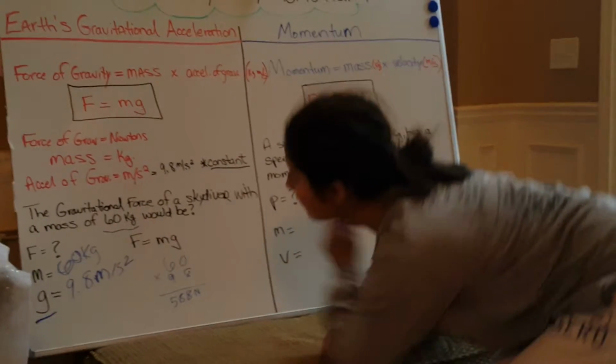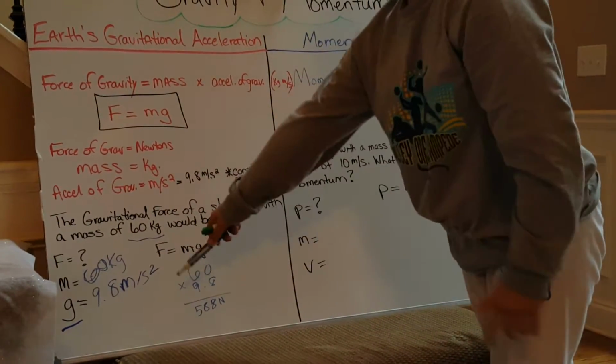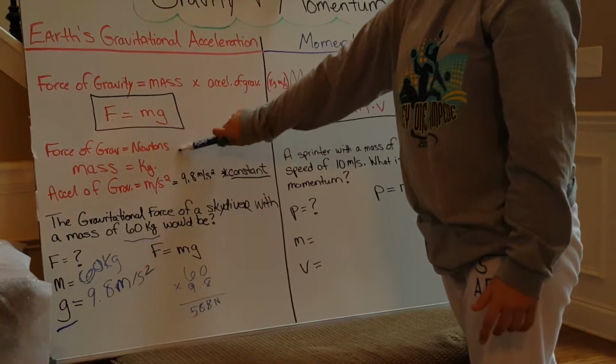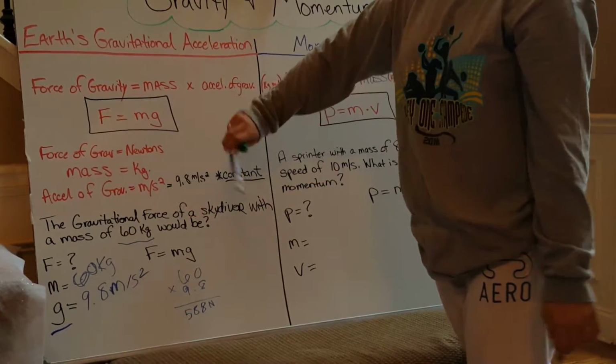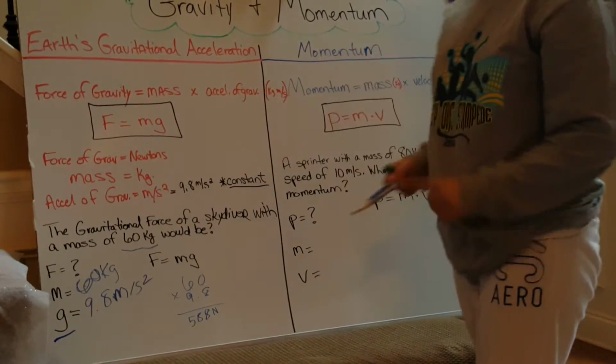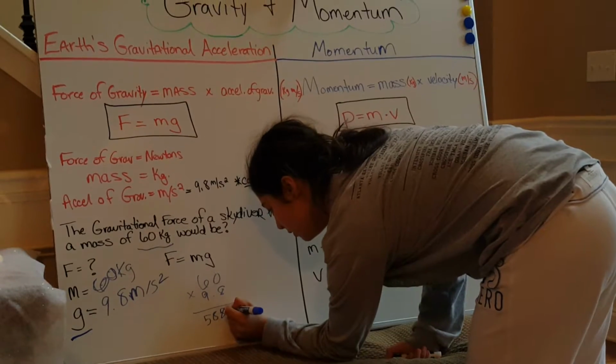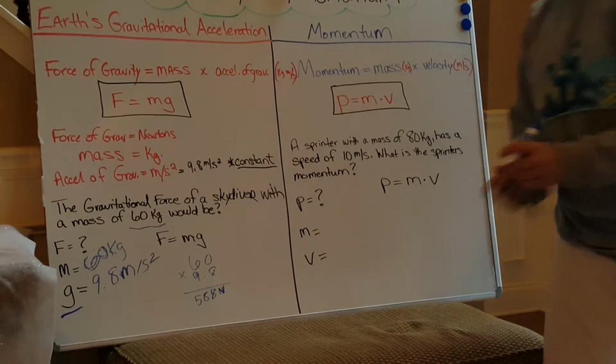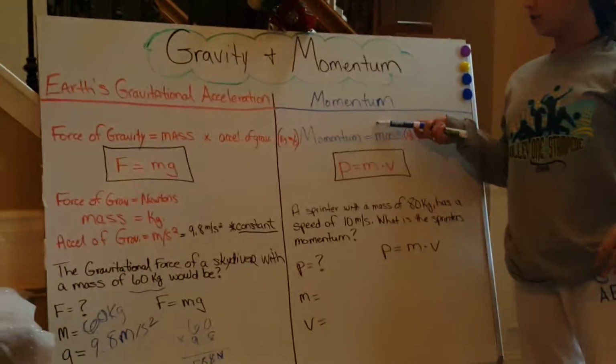The reason why is because they're asking for the force of gravity, and so your SI unit for force of gravity is the newtons. So just write the N, and then moving on to momentum.